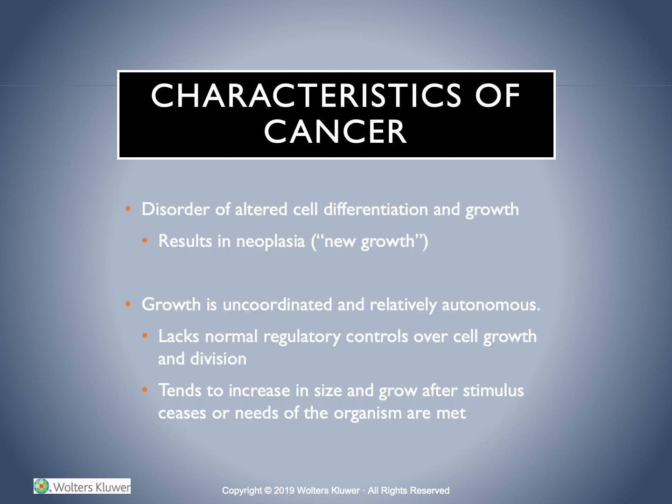Let's talk specifically about some characteristics of cancer. Cancer is characterized by several key features. These features include, first, uncontrolled cell growth. Cancer cells divide and multiply uncontrollably, forming a mass of abnormal cells called a tumor.